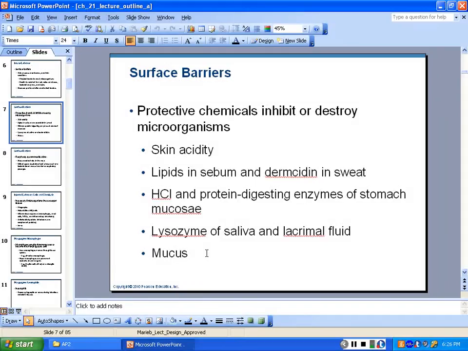So what lysozymes are is chemicals that are secreted in body fluids, like in saliva and tears and other body fluids as well. And they contain enzymes that destroy bacteria. The oil in your skin actually contains antibacterial and antifungal properties.